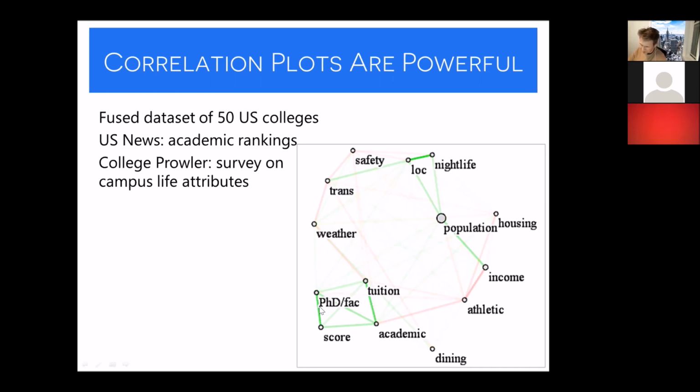So I learned that the colleges that have a high PhD per faculty tend to have high academic value. They also charge more tuition and have a higher score in US News. So when faculty members have lots of PhDs, that turns out to be a better school.